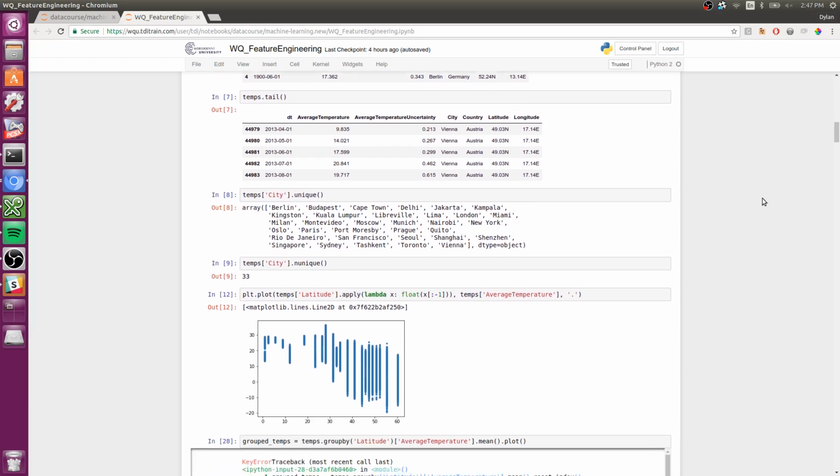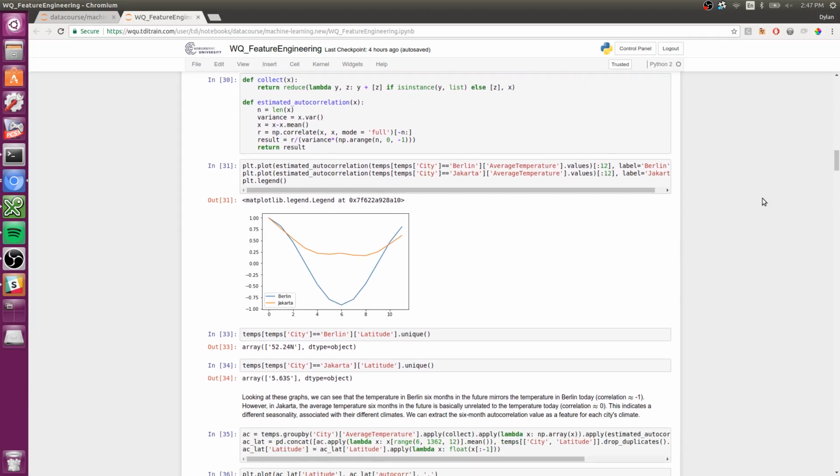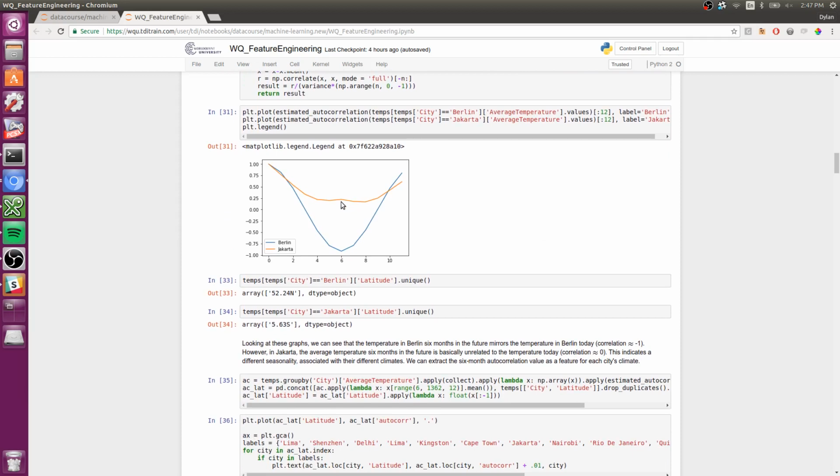So we considered an example in which we looked at the autocorrelation of surface temperatures in different cities around the world over the course of a year. And we found that the 6-month autocorrelation could be a good discriminating factor between different cities, or different latitudes more specifically.